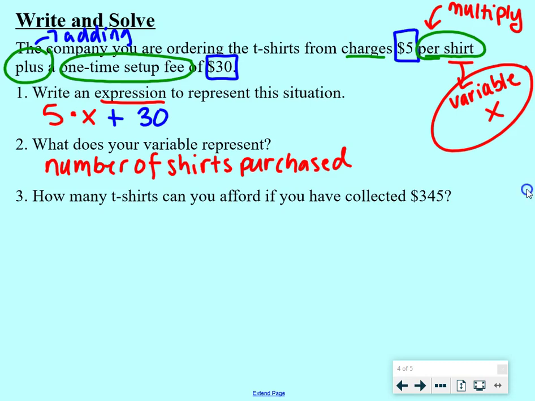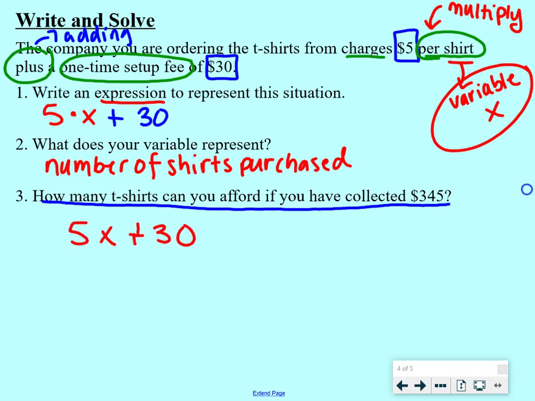All right, question 3. So here's our time to underline, because we're underlining that question. How many t-shirts can you afford if you have collected $345? So we have 5x plus 30. We know x is our variable for shirts.